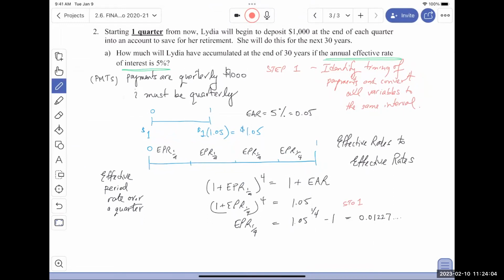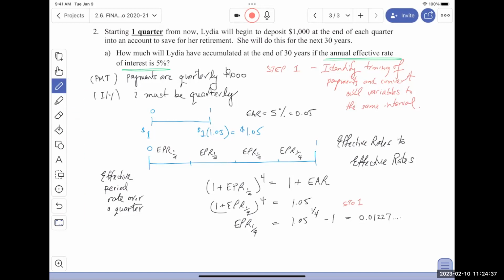Okay, so first was for the payments. Then it was for the rate. And then we did the N at the end.